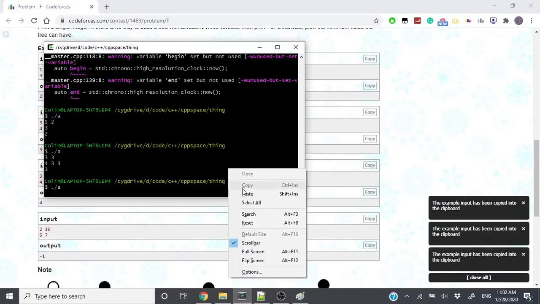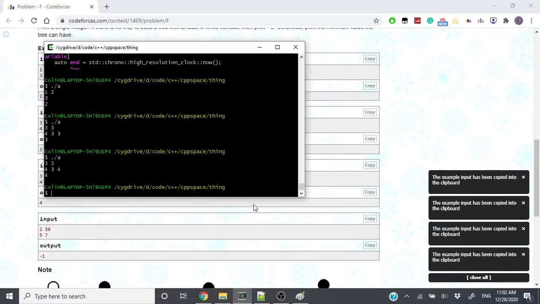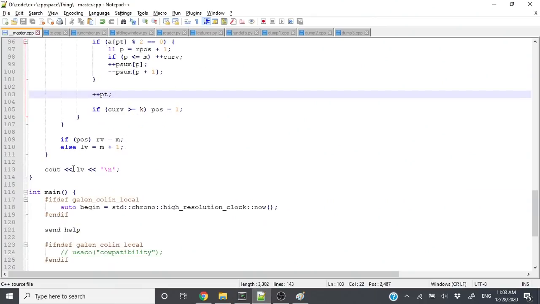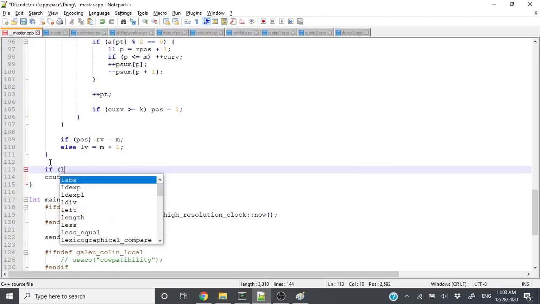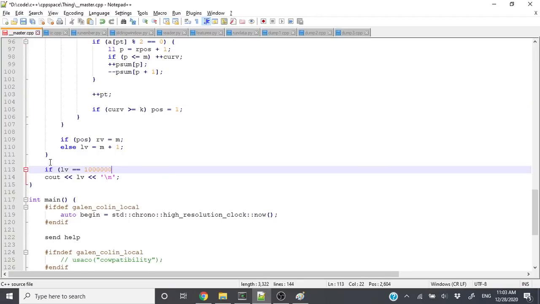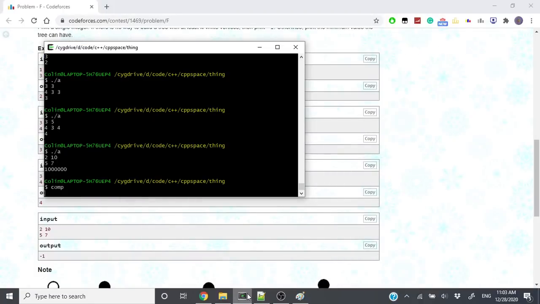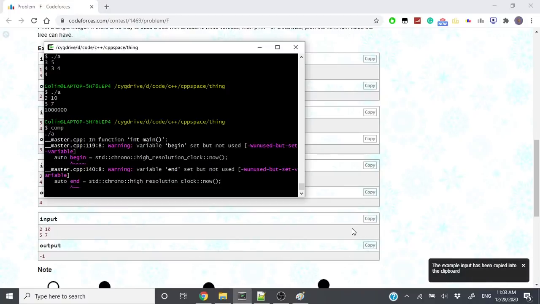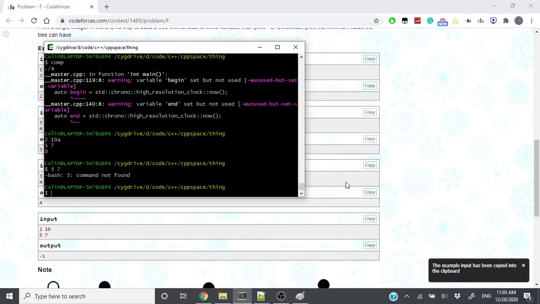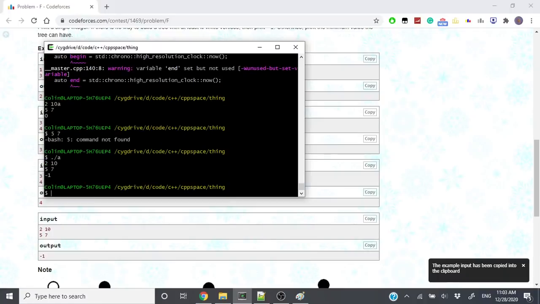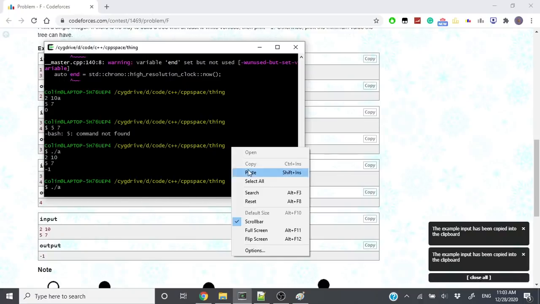If LV is equal to, right. What happened?